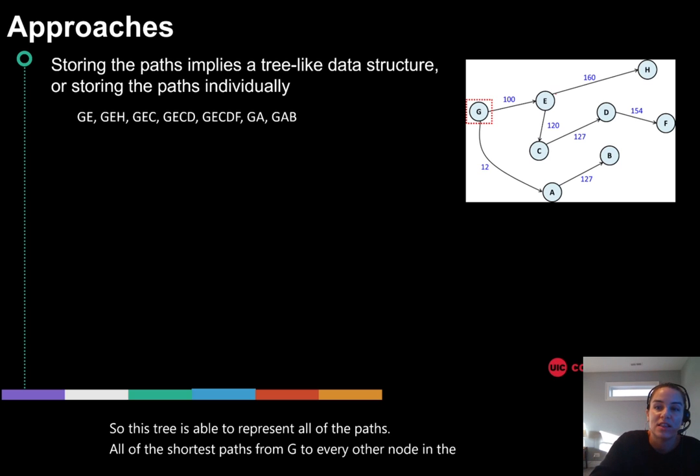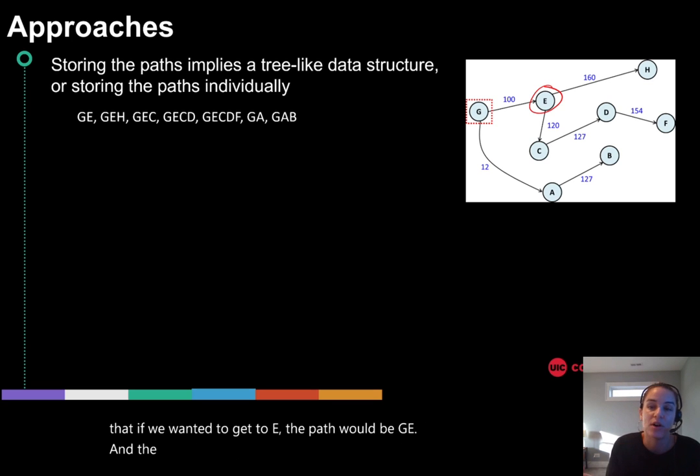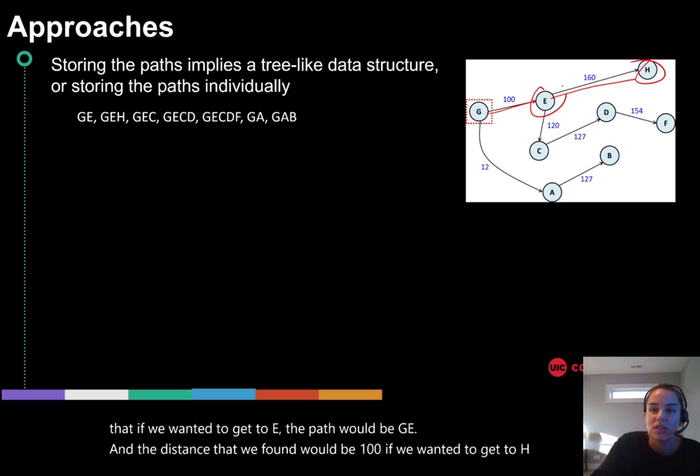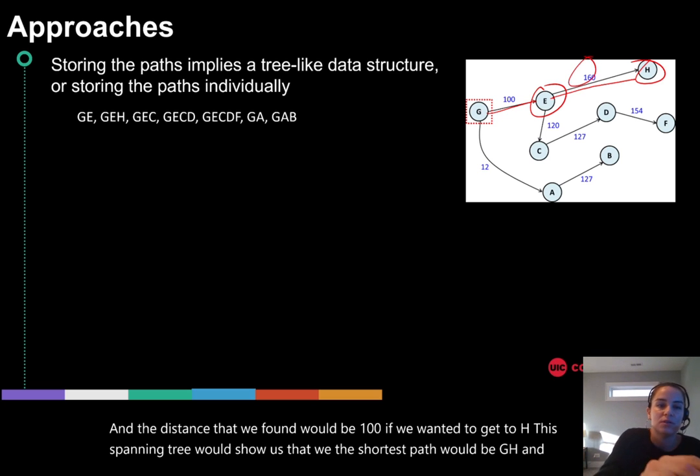So we can see that if we wanted to get to E, the path would be GE, and the distance that we found would be 100. If we wanted to get to H, this spanning tree would show us that the shortest path would be GEH, and the distance would be 160.